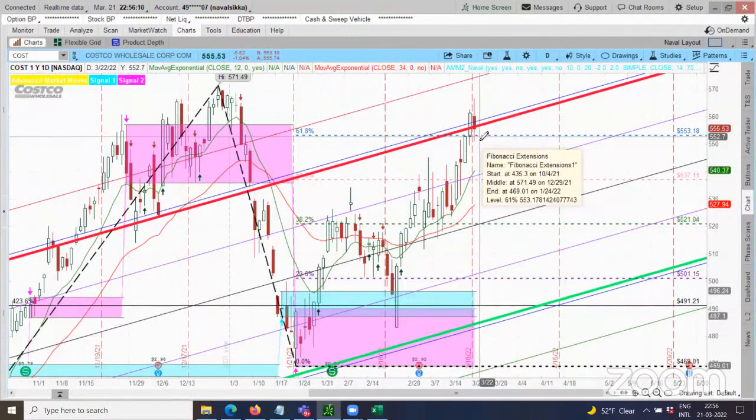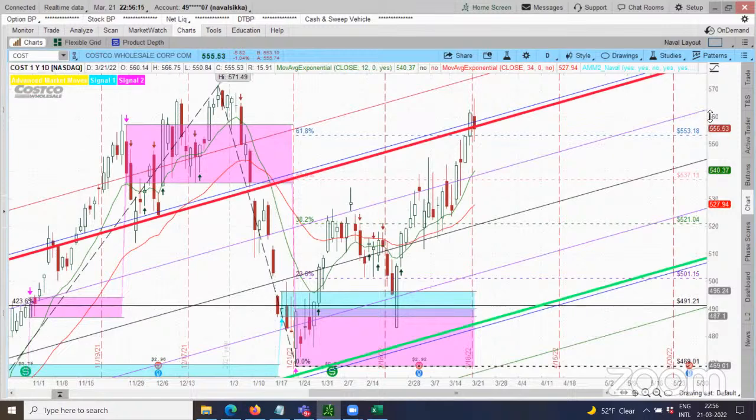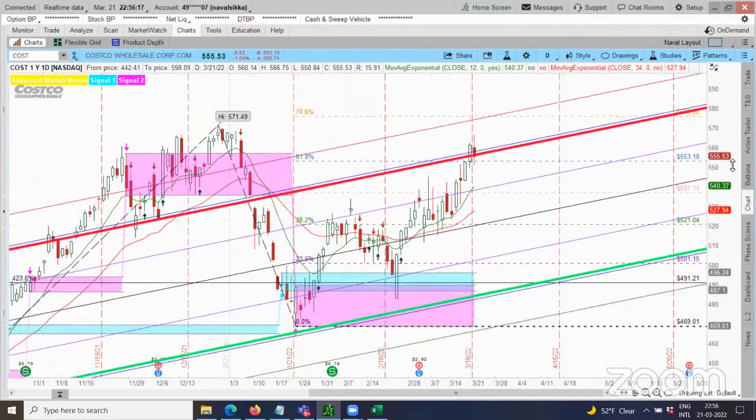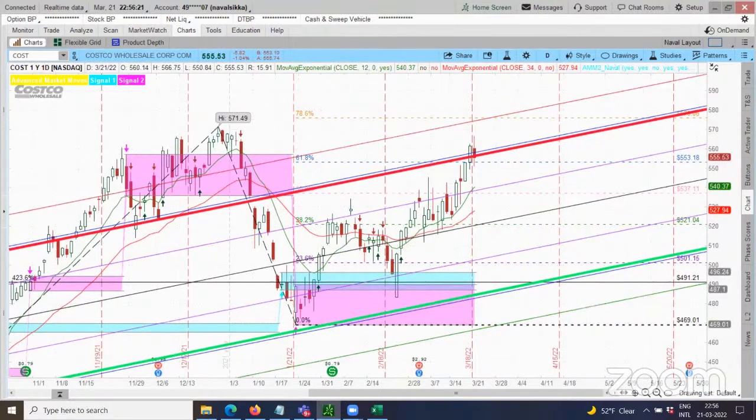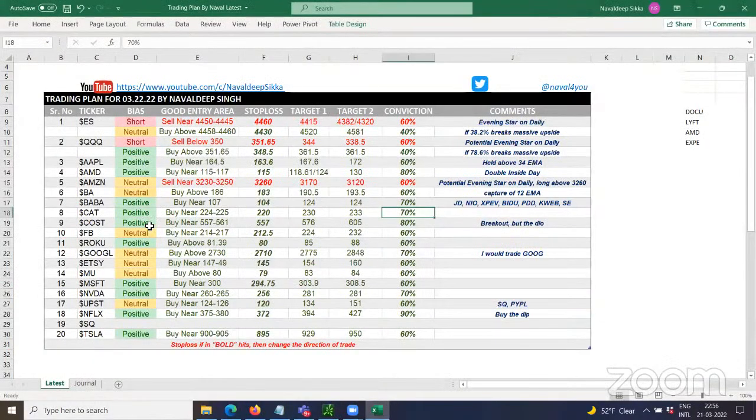But I still believe if 553 can be held, there's a very high potential for Costco to go higher towards 576. I'm neutralizing it because it did not break higher. Stop loss is 553. Buy near 554, 556. Reducing it to 60%.